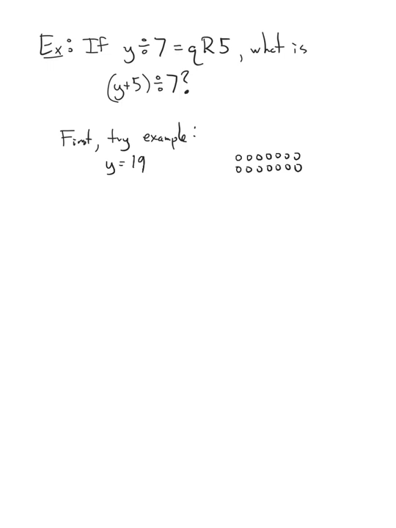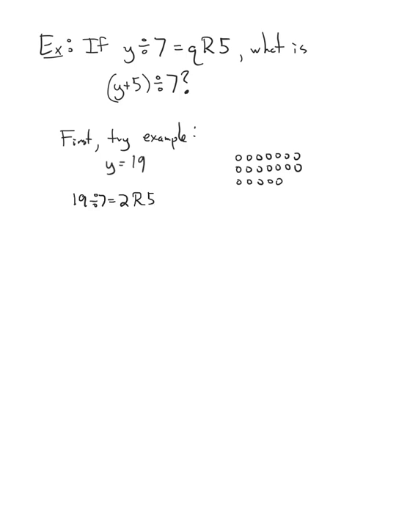So there is 14, 15, 16, 17, 18, 19. Every time I get a row of 7, that gives me a group. So here's 19 dots, and I have 2 groups of 7 with 5 left over. So 19 divided by 7 is 2, remainder 5.